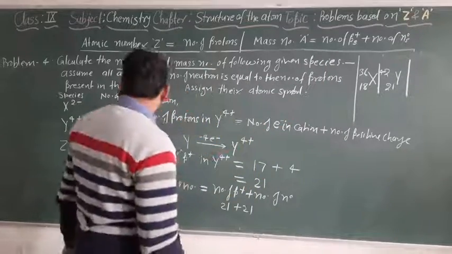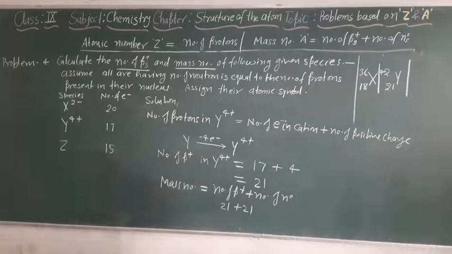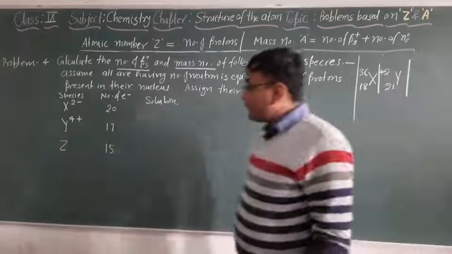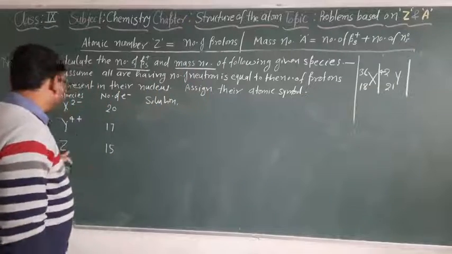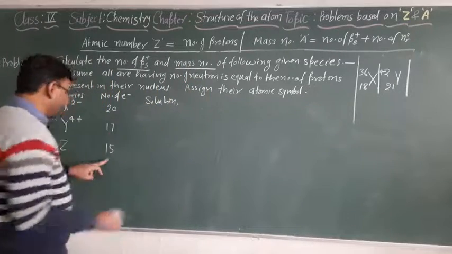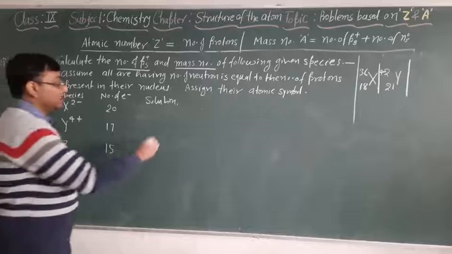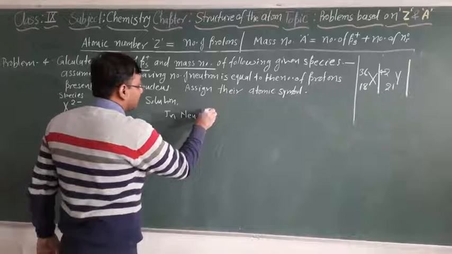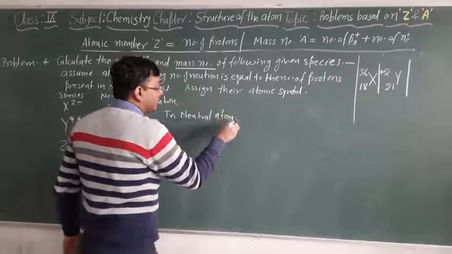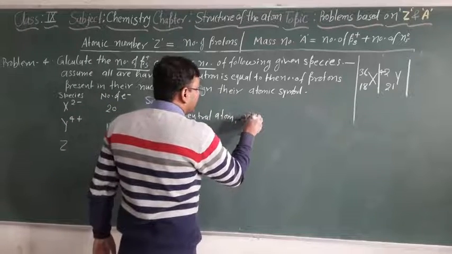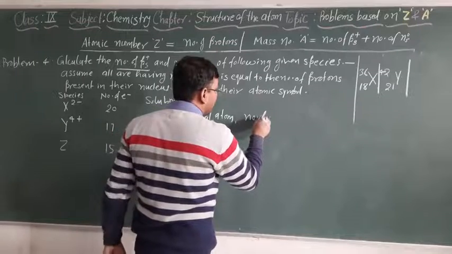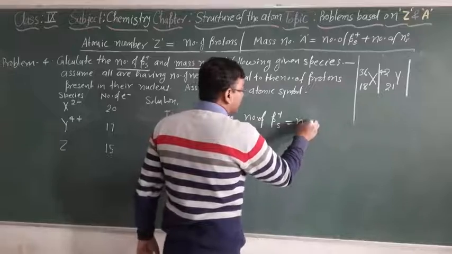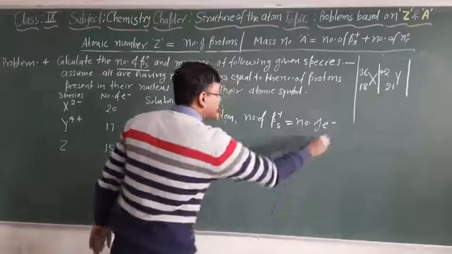Now the next. Now see about Z. So Z is a neutral atom, right? So in a neutral atom, number of protons is equal to number of electrons.